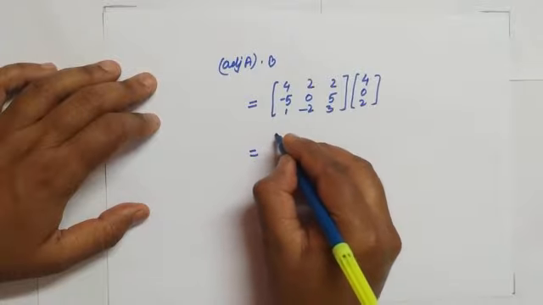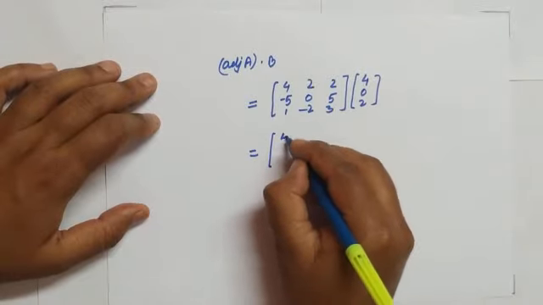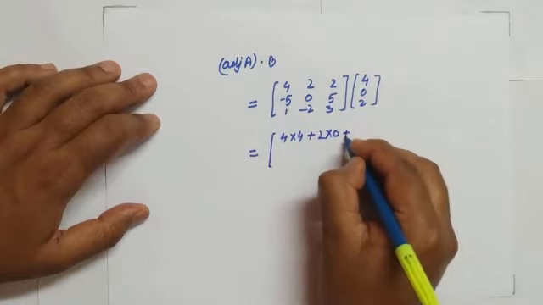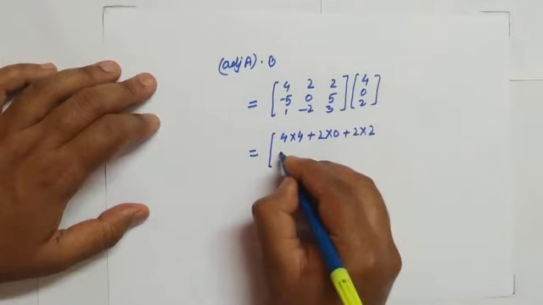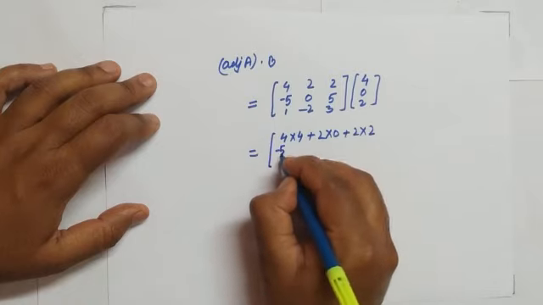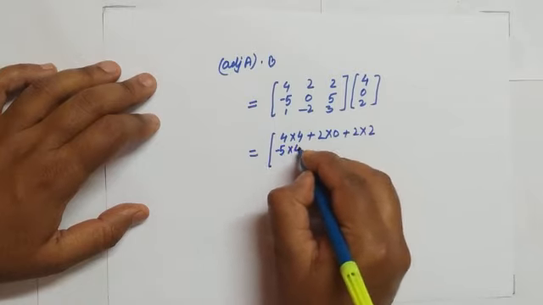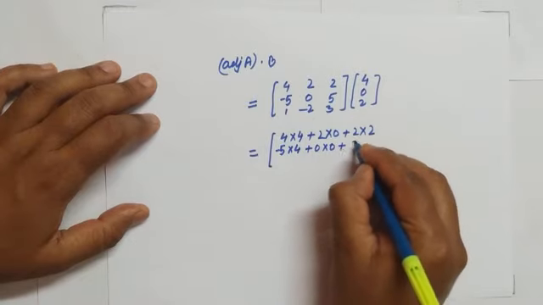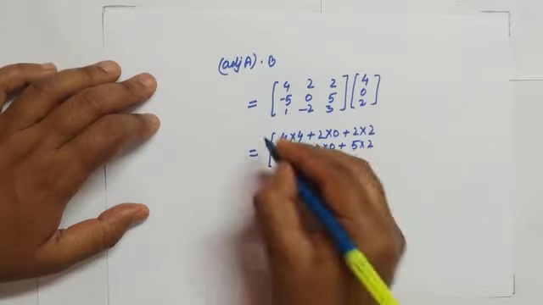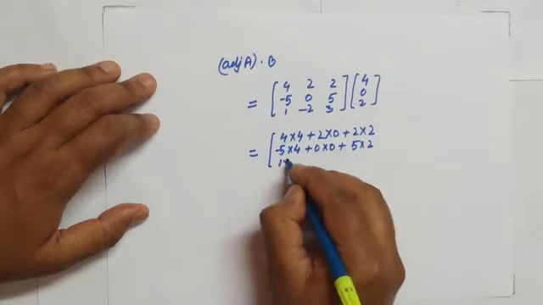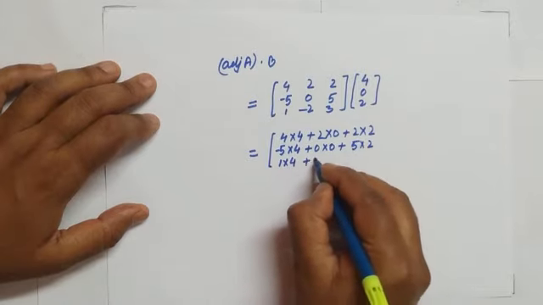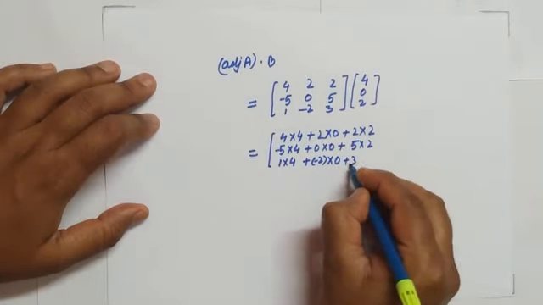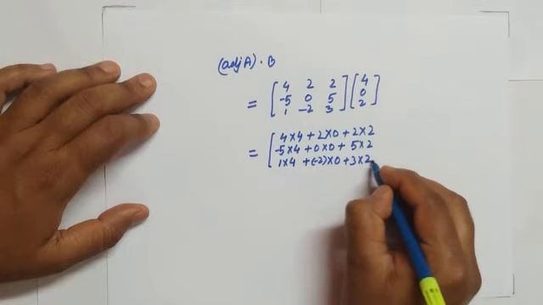Now see, 4 multiplied with 4 plus 2 multiplied with 0 plus 2 multiplied with 2; minus 5 multiplied with 4 plus 0 multiplied with 0 plus 5 multiplied with 2; and now third row, 1 multiplied with 4 plus minus 2 multiplied with 0 plus 3 multiplied with 2.